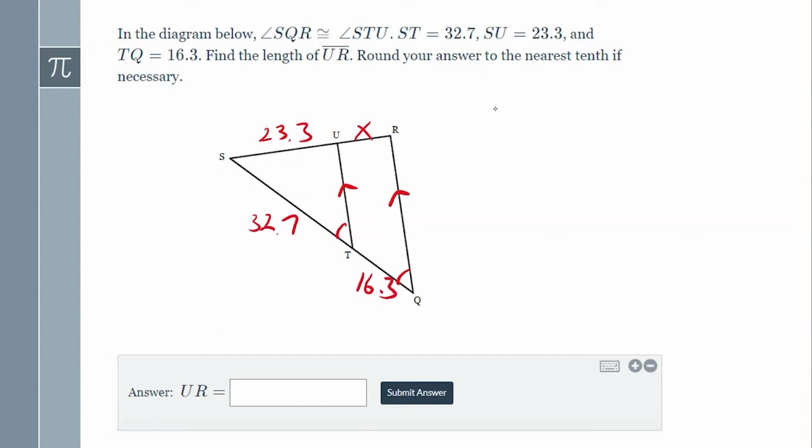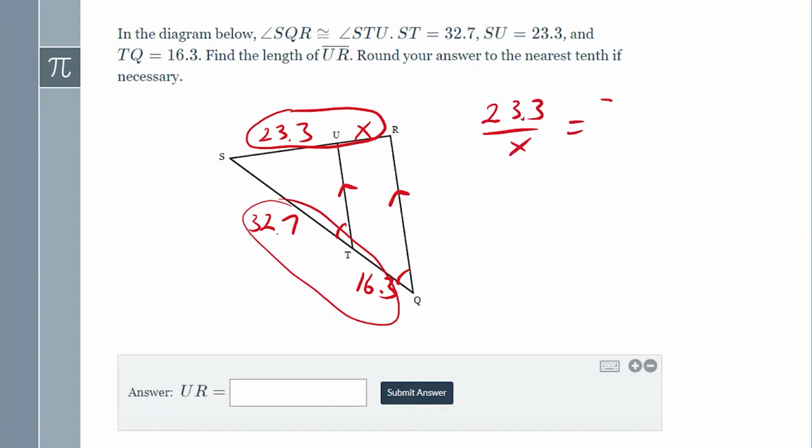Okay, so let's write our proportion. And this time, we'll just compare whole to part on the top as whole to part on the bottom. 23.3 is to x as 32.7 is to 16.3. Okay, so we're going to cross multiply and divide, and we're going to get 32.7x is equal to 379.79.